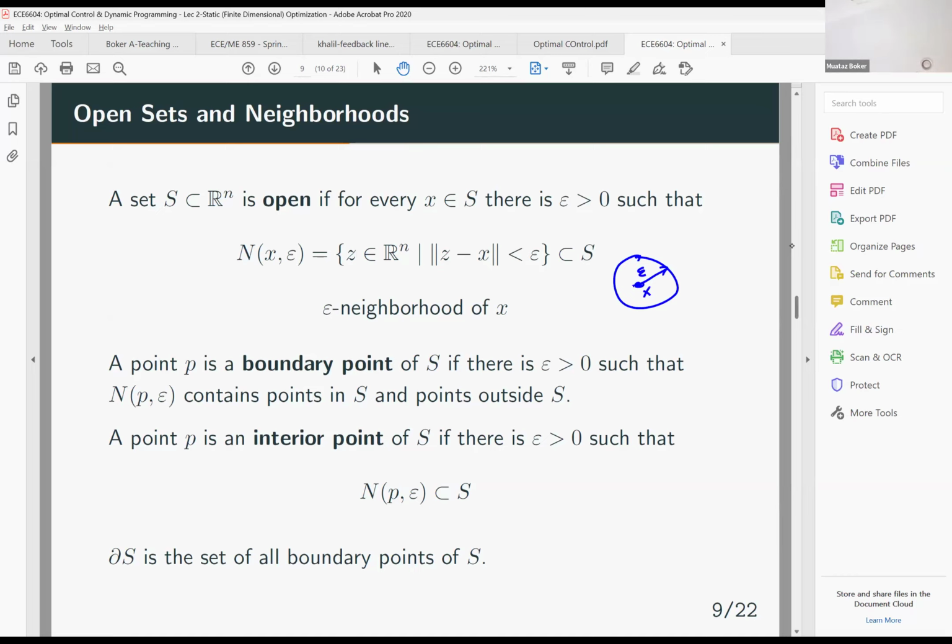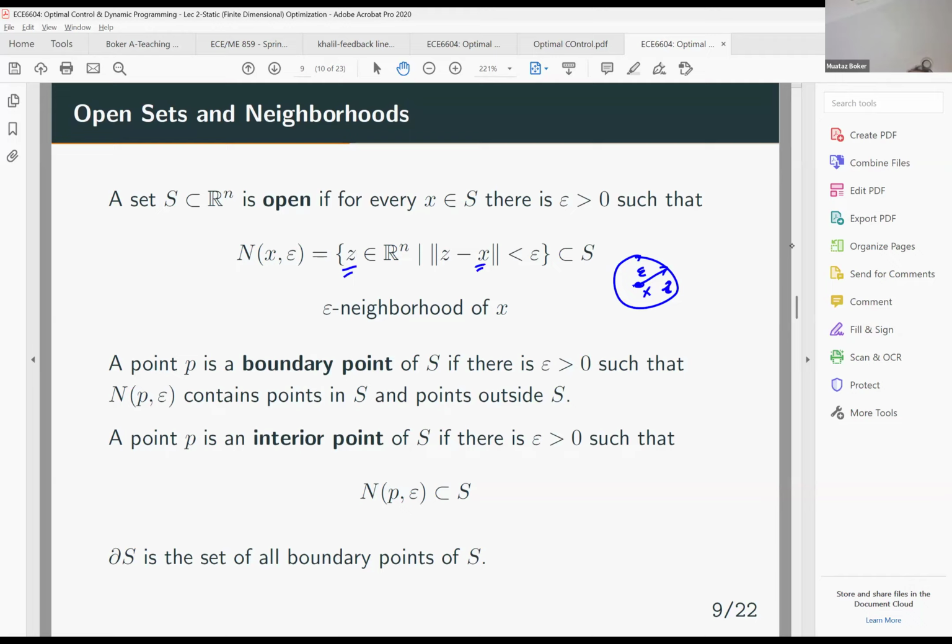So this is an open set if for any point z, so the ball here, why are we talking about a ball? Because a ball covers the fact that z and x are vectors. These are not points exactly, but vectors.